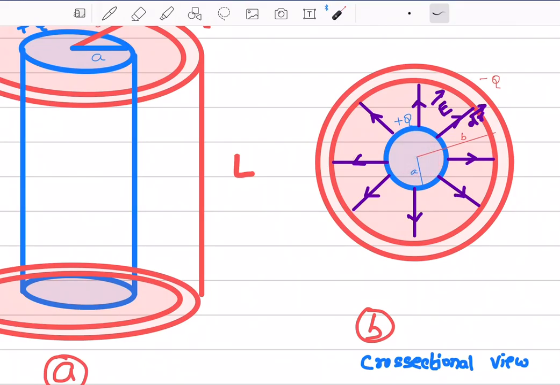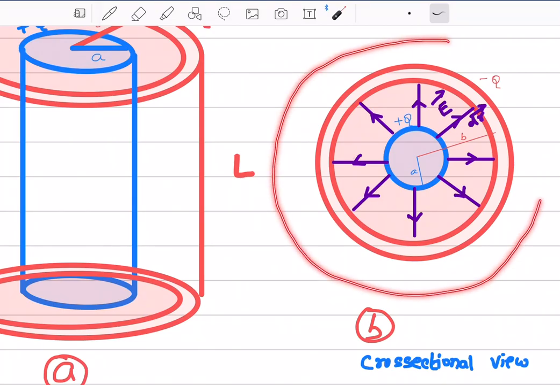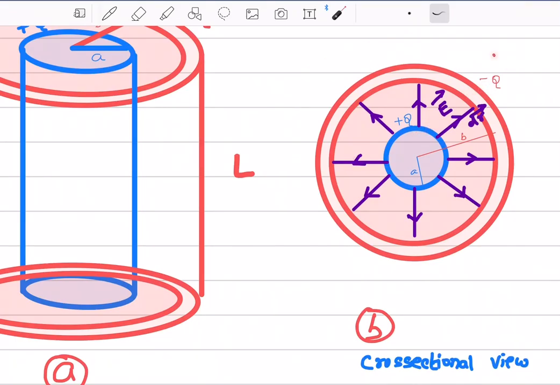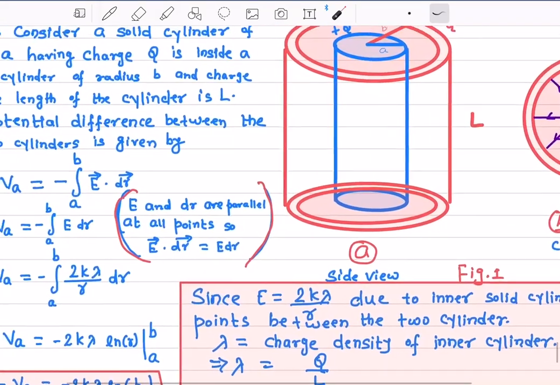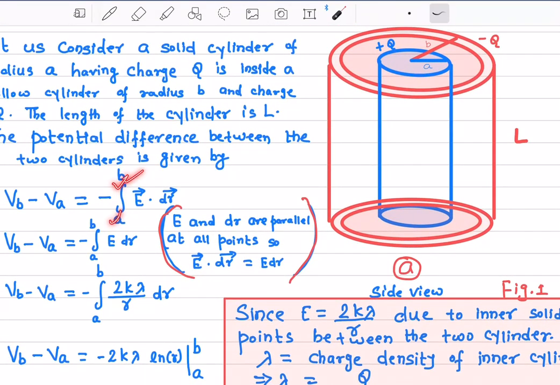In the same way, if I look at a point outside and imagine a Gaussian surface here, then the total charge enclosed by this surface is minus Q plus Q, which is again 0. So there is no electric field outside and no electric field inside the solid cylinder. The electric field exists only between these cylinders. That's the reason we integrate from A to B.